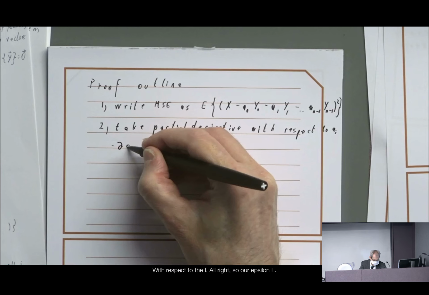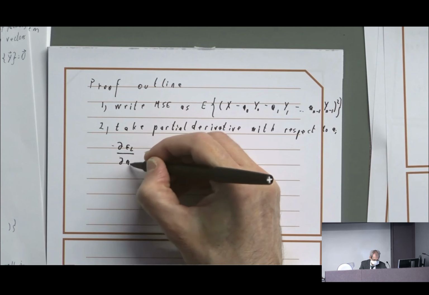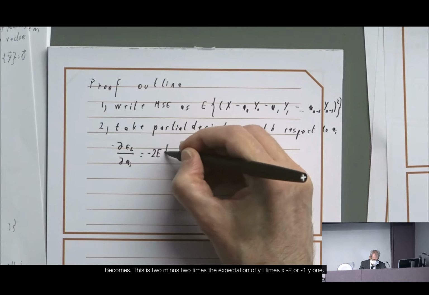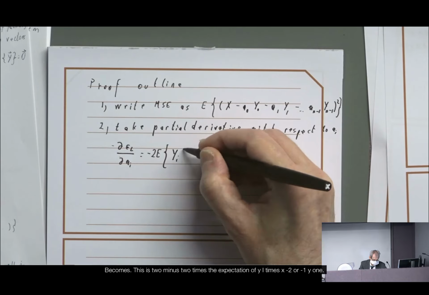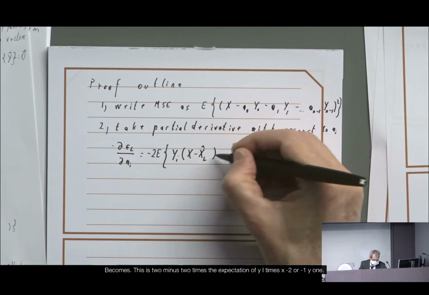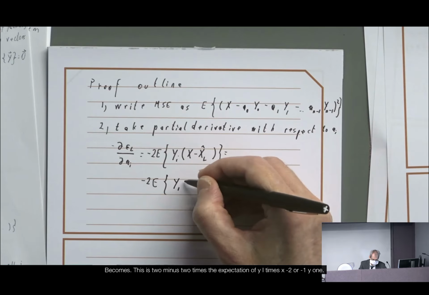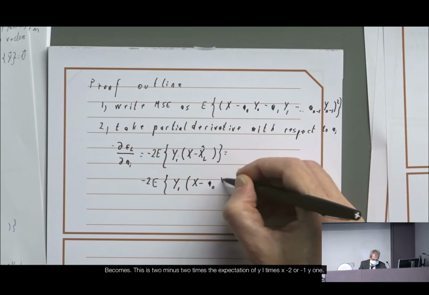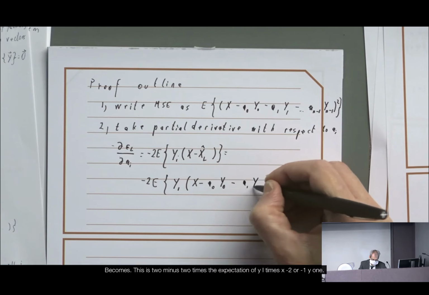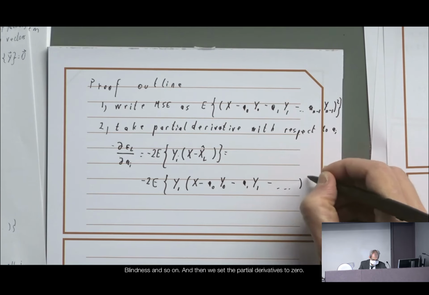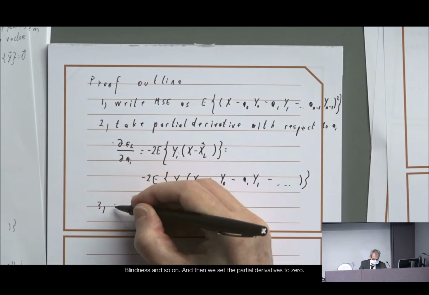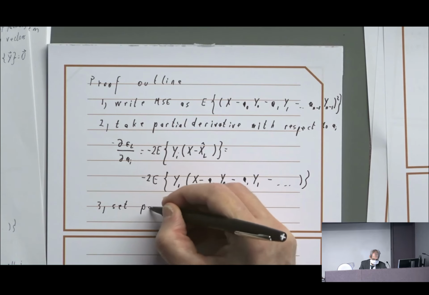Right, so our epsilon L becomes 2 minus 2 times the expectation of yi times x minus a0 y0 minus a1 y1 minus and so on. And then we set the partial derivatives to 0 for all i.